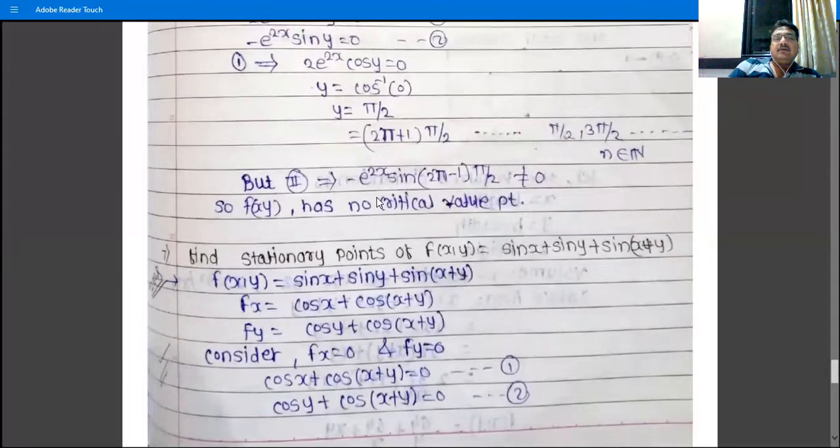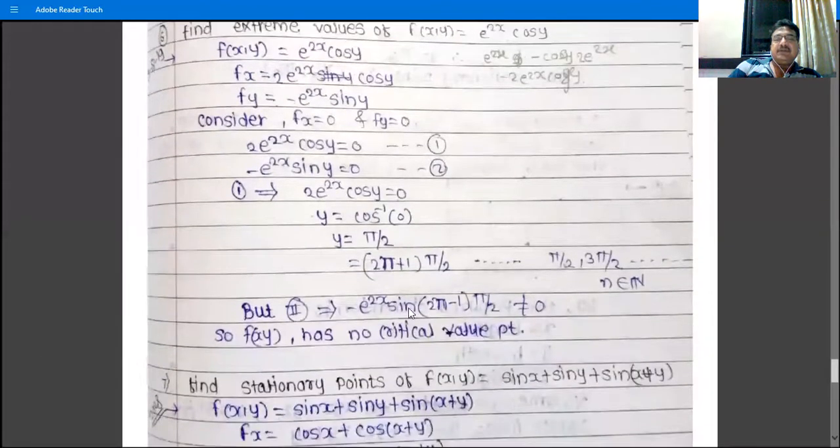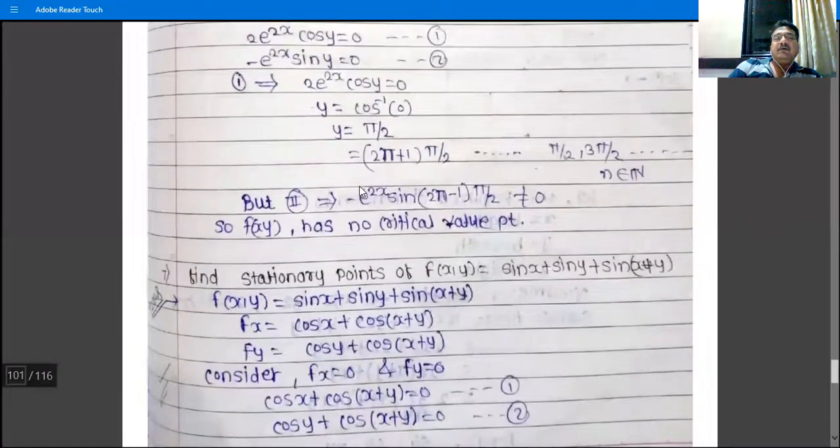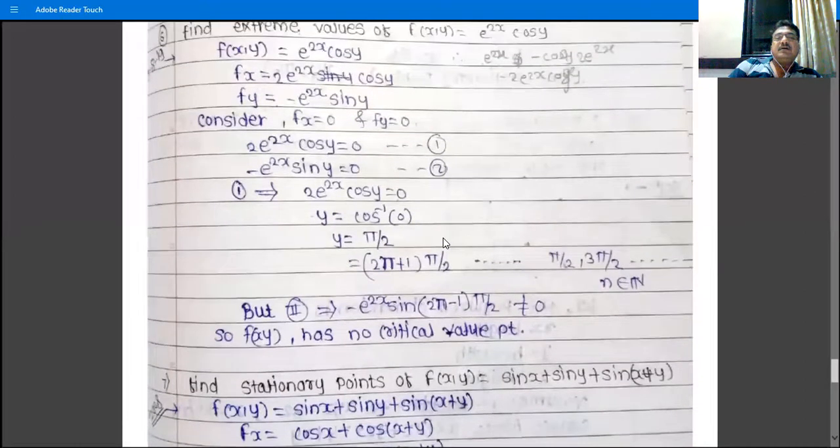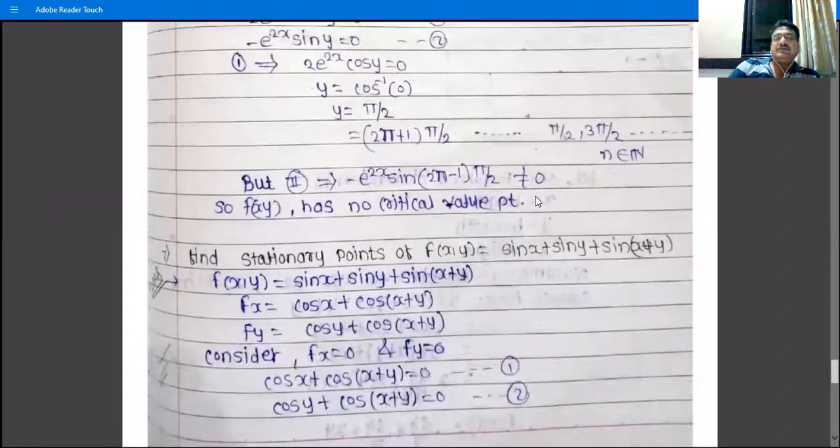And in the second equation, if we substitute y equal to pi by 2, then we have minus e raised to 2x sine pi by 2, sine 90, which is 1. So e raised to 2x sine pi by 2 is equal to 0.